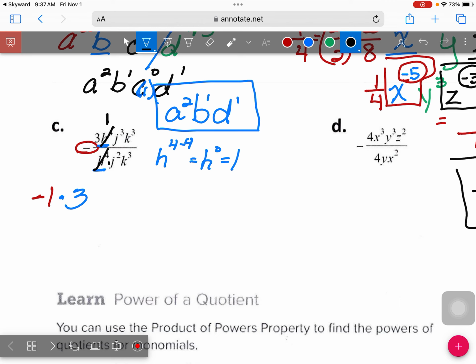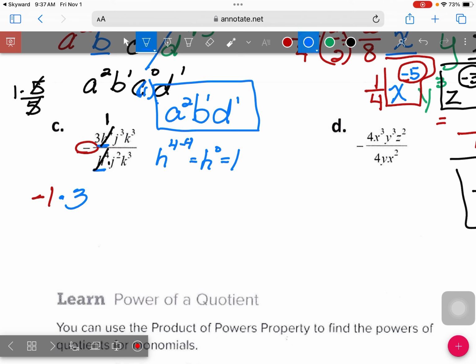Was that too much? Should we go back to the 0, 0 thing? Well, let me put it this way. If you had 5 divided by 5, you would simplify that out, and it simplifies to 1. So you can do this with exponents, or you can just simplify it out.